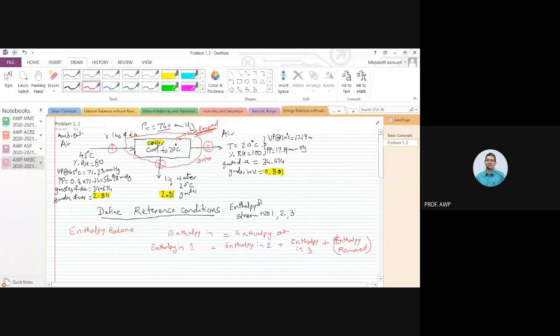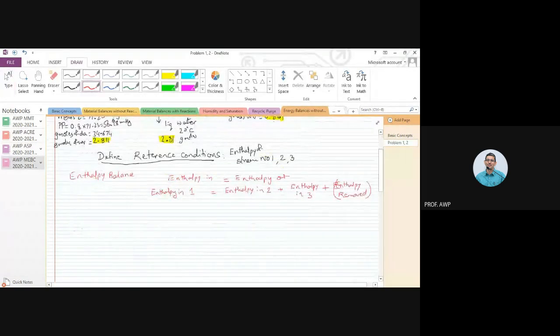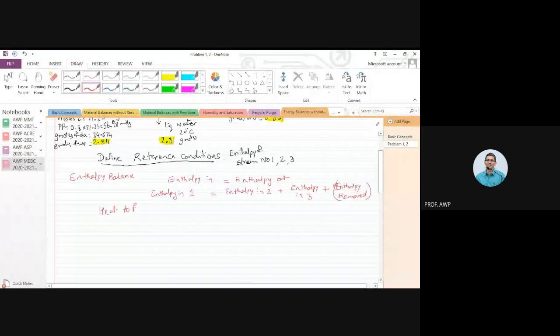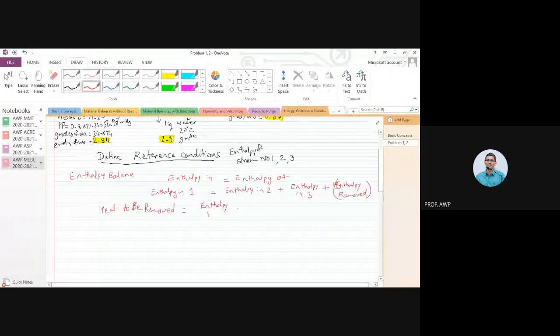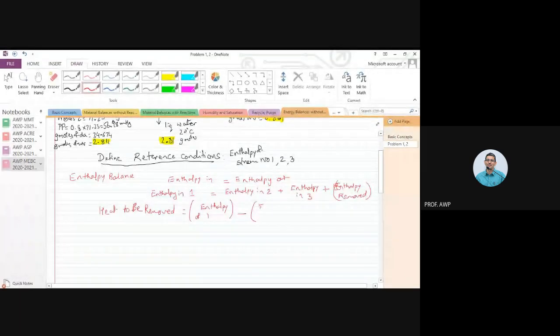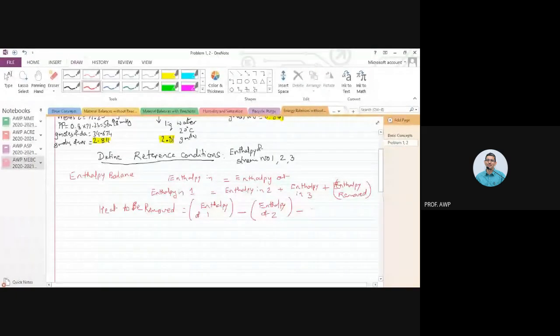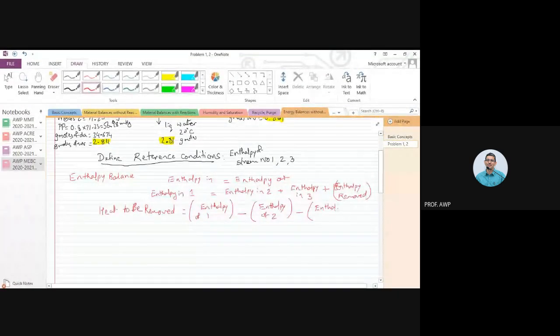Heat I have to remove, or enthalpy I have to remove, right? So if I write this enthalpy balance, then the enthalpy that I need to remove, or heat that I need to remove, would just be the enthalpy of stream number 1 minus, that is what comes in, minus what goes out from streams number 2 and 3: minus enthalpy of stream number 2 and minus enthalpy of stream number 3.